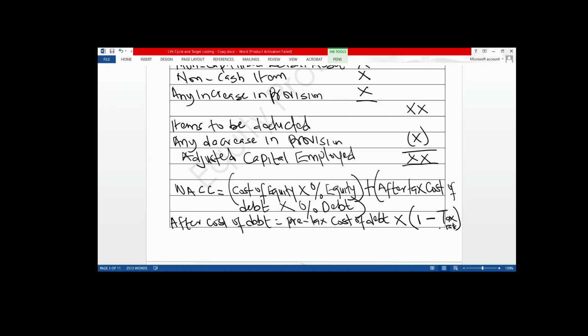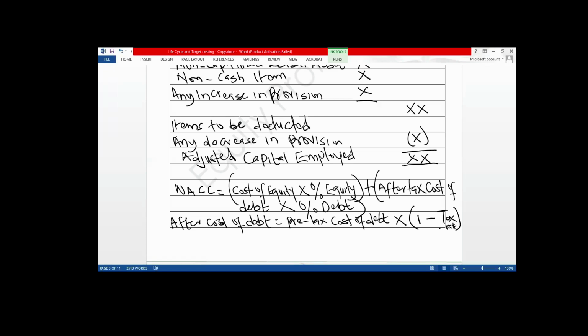The examiner asked a question on economic value added: explain the process or the procedures for calculating economic value added, 10 marks. Look at the question. The examiner didn't say calculate economic value added. The examiner says explain the steps or the procedure for calculating it. What are you going to say now?